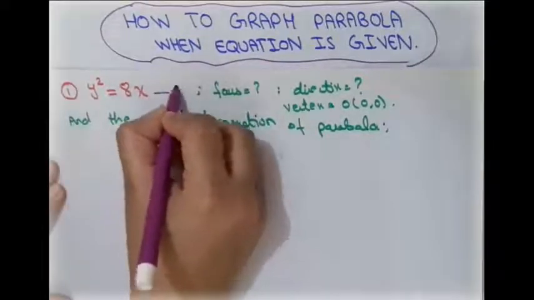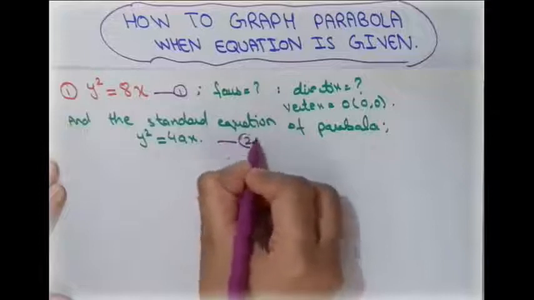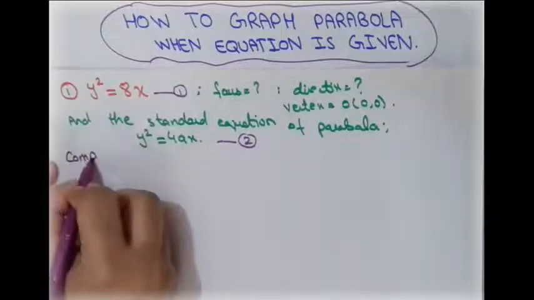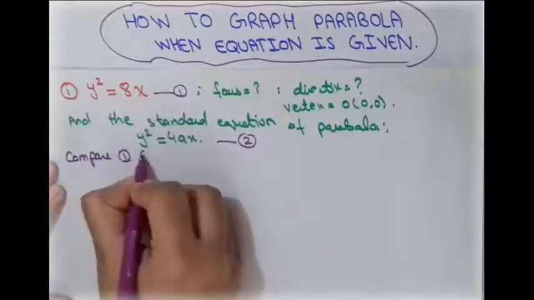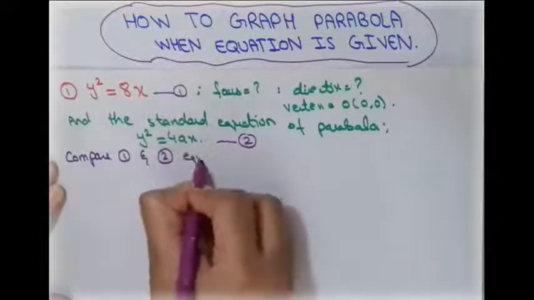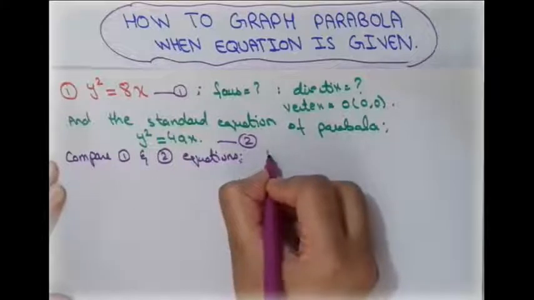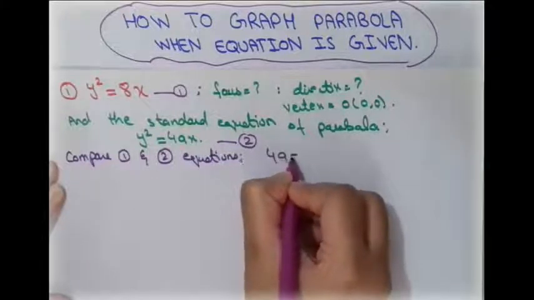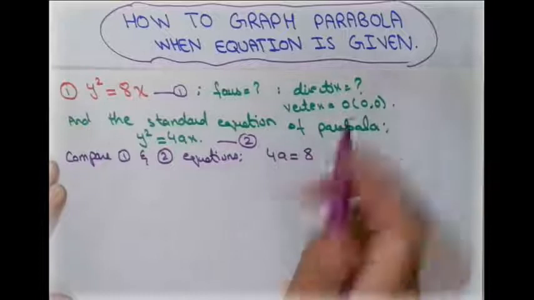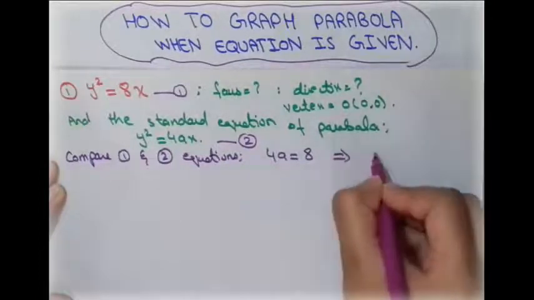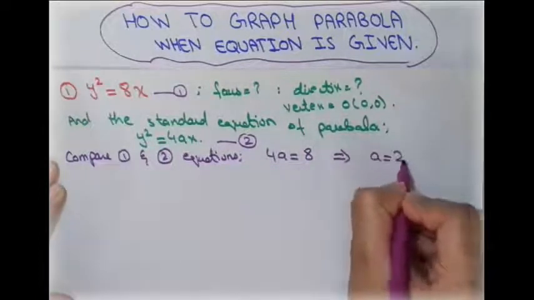If I say this equation is 1 and this equation is 2, then we compare the first and second equations. So what do we get? We get 4a equal to the given coefficient. Now we have to find the value of a, which equals 2.